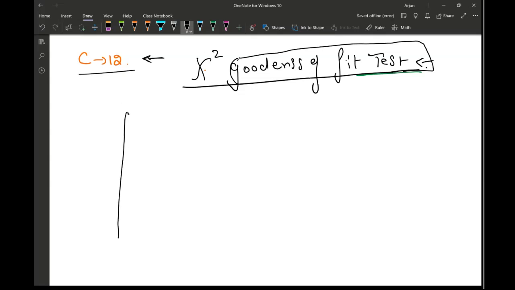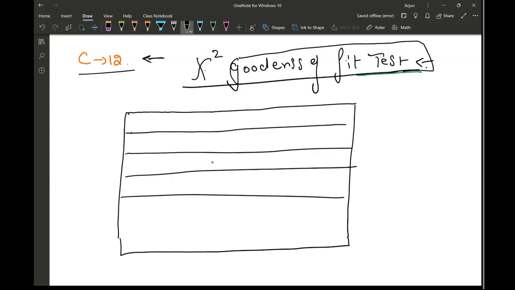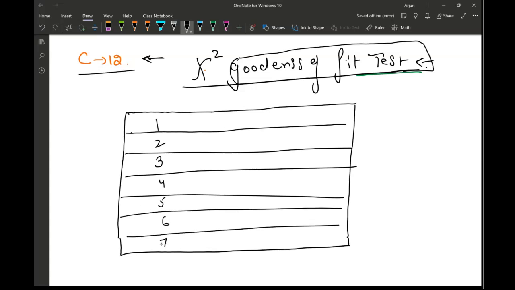Let's say you are a sports scientist and you wanted to study how swimmers perform when they run the race in the different lanes. In a swimming pool, just if you don't know, there are 8 lanes: 1, 2, 3, 4, 5, 6, 7, and then there is the eighth one.